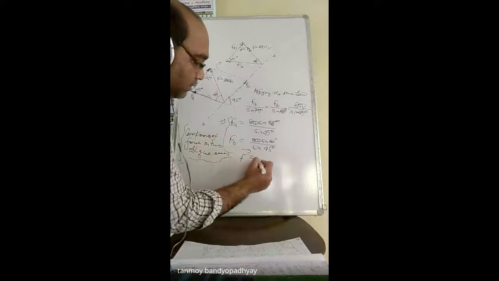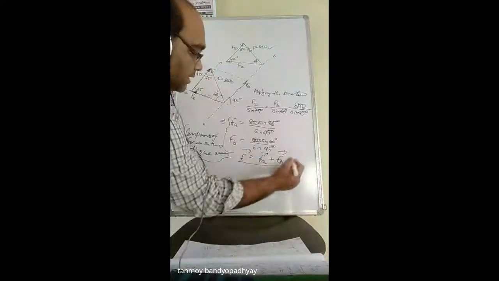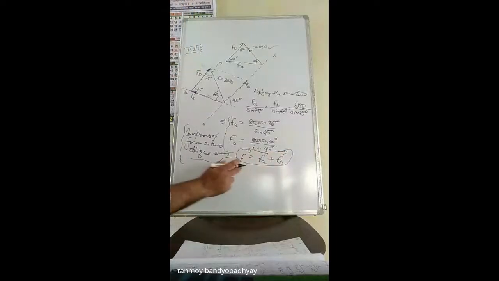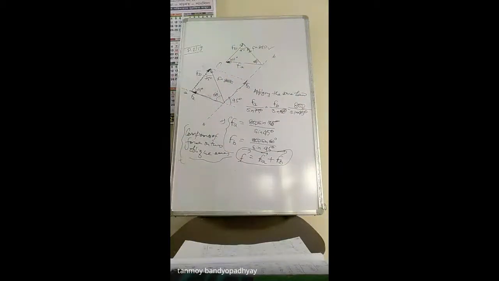Just keep one thing in mind: I can write vector F equal to vector FA plus vector FB. This is something we can do because we have solved this using the parallelogram law of forces. In this triangle, you can see that FA plus FB is actually the resultant force F.